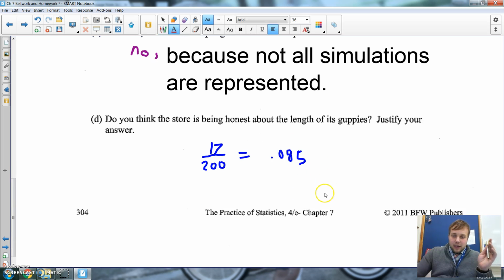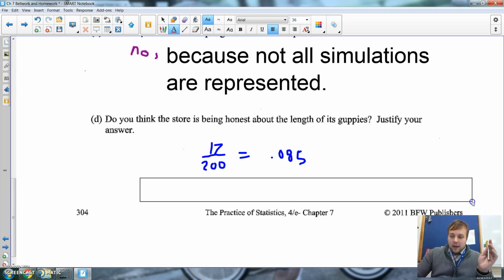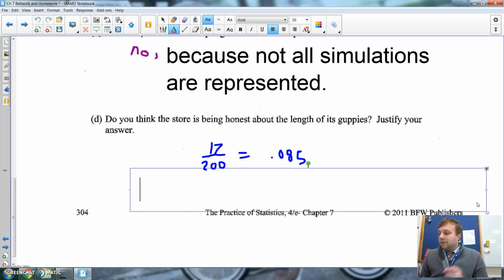However, I do have this thing that I usually like to say in statistics, and that is, hey, listen, if it's not lower than 5%, I just don't have enough evidence. All right?